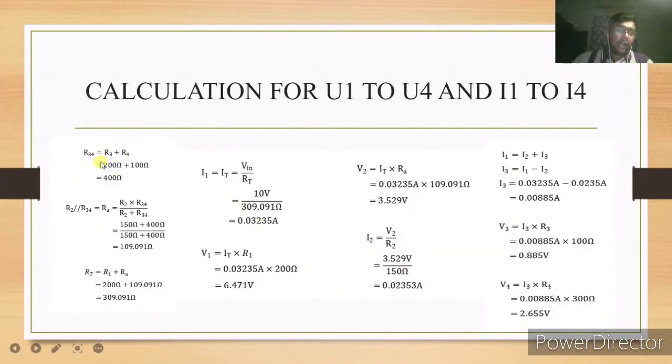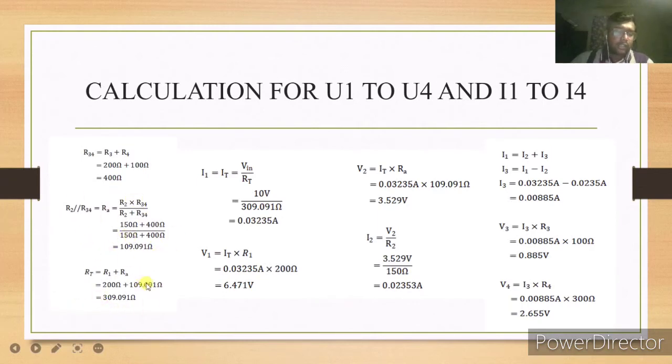R3 and R4 are in series, so we add both resistive values, and R2 with R3 and R4 is in parallel, so we used the parallel resistance formula to find the single load value for this resistance.